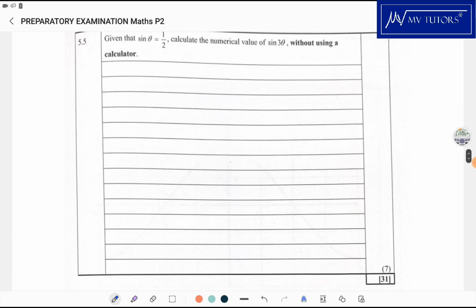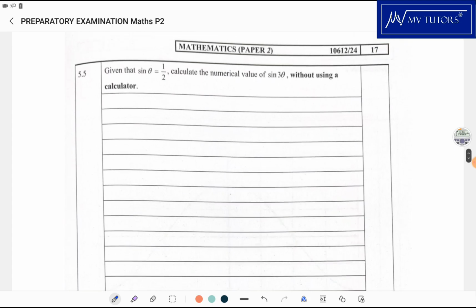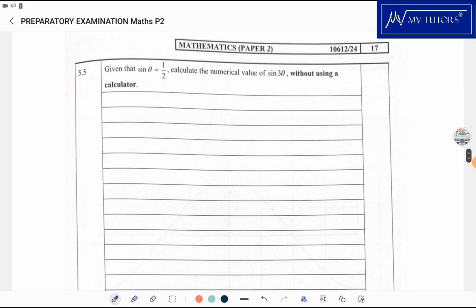So it says, given that sine theta is equal to a half, calculate the numerical value of sine 3 theta without using a calculator. Okay, so here you're going to use your compound formulae.